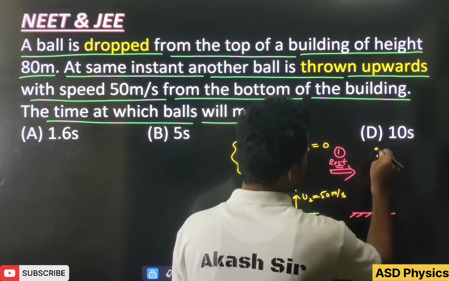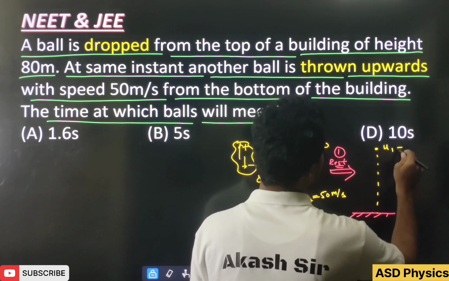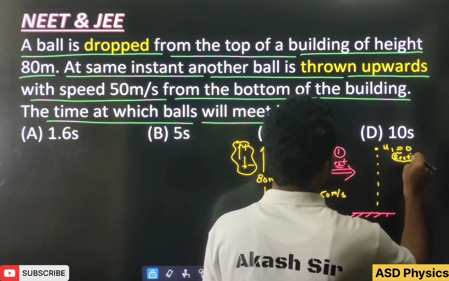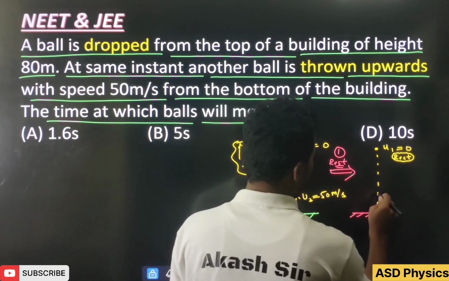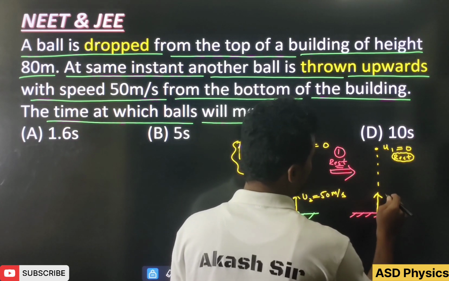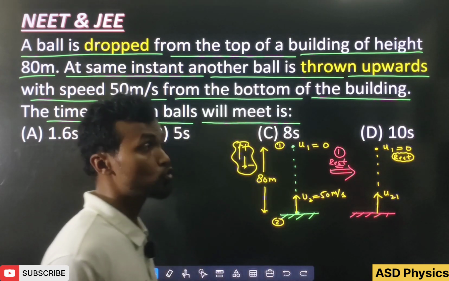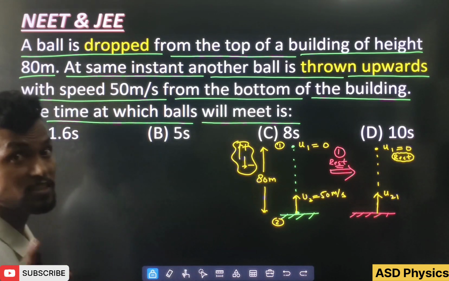So this ball 1 is at rest, U1 is 0. Before that it was dropping. Now it is at rest. Now ball 2 will move towards ball 1 with how much velocity? U21, velocity of 2 with respect to 1.